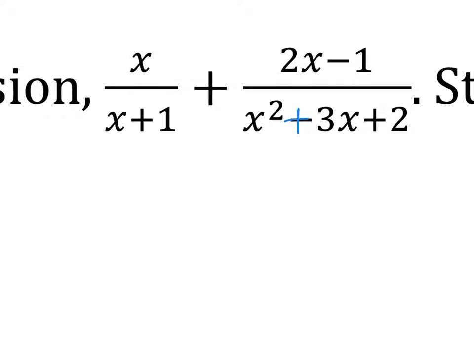We're going to add these two together. So, just like before, we need a common denominator. On the left, we have an x plus 1. On the right, we have an x squared plus 3x plus 2, which we don't know what it really is, so we need to factor.